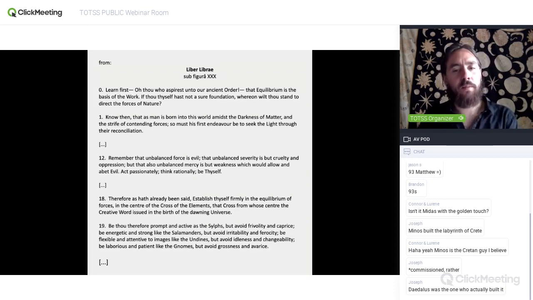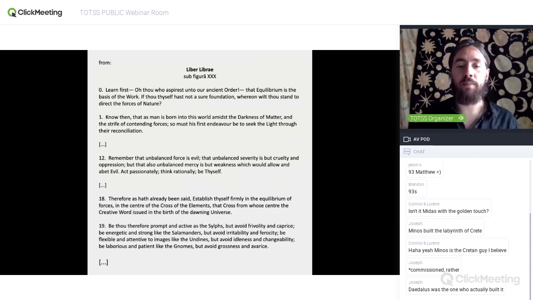So in all of these things, we see balance in different forms. I think we see that especially in the last verse that I read, where it's not just balance in the sense of developing all four elemental qualities, but of developing each elemental quality in a balanced way. For the sylphs, the air spirits, they are prompt and active, and you should develop those powers.